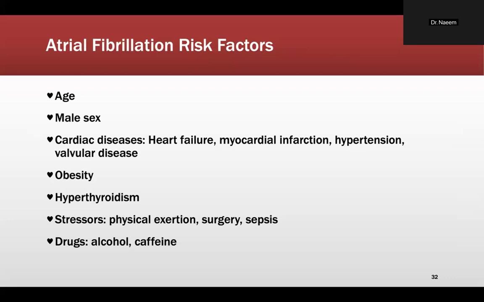Obesity is a modifiable risk factor, right? Hyperthyroidism can also be medically managed. Stressors, that being physical exertion, surgery, sepsis, and then usage of certain drugs, particularly alcohol and caffeine, are also modifiable. So not clearly identified here, but I would go through and make sure you can identify what you can fix or adjust versus what you can't.